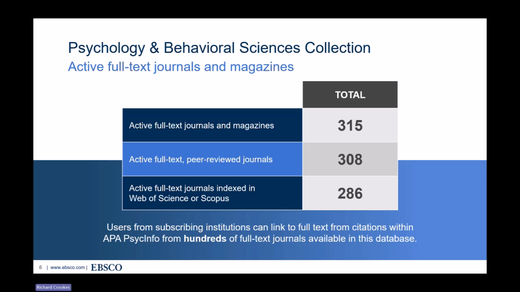Also, if you have APA PsycInfo, you can link to full text from citations within APA PsycInfo from the full-text journals. APA PsycInfo is, of course, an abstract-only database provided by the APA. It's available on EBSCO's platform, but with PBSC to complement that, you're able to transfer those links to APA PsycInfo, so they'll be interchangeable, as it were.